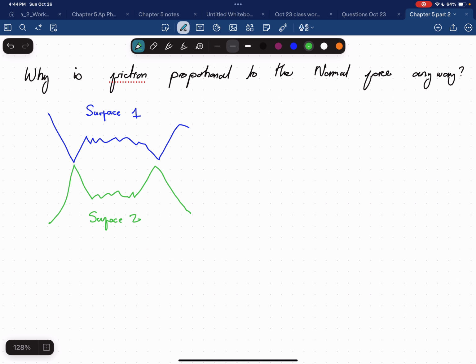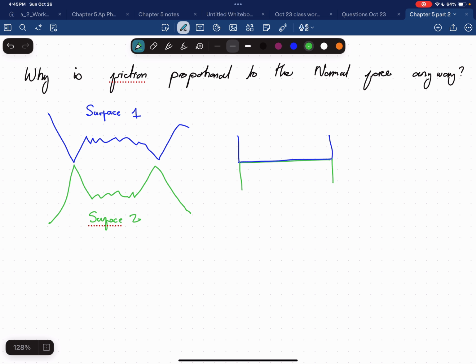From a macroscopic level, to the level our eyes can see, we see a very smooth connection. But on a microscopic level, this is how it looks.